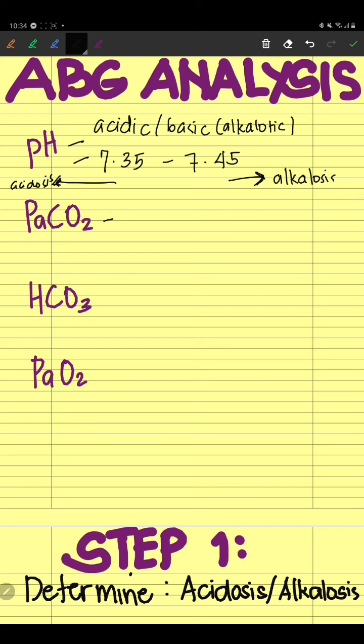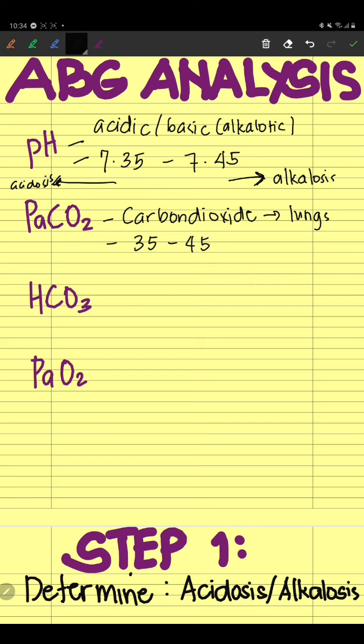Now, let's go to your partial pressure of carbon dioxide. Your PaCO2, on the other hand, will determine your carbon dioxide levels in the body. A very important thing to also note is that carbon dioxide is regulated by your lungs. Yung lungs ang nagko-control niyan. The normal range of your partial pressure of your carbon dioxide is 35 to 45.